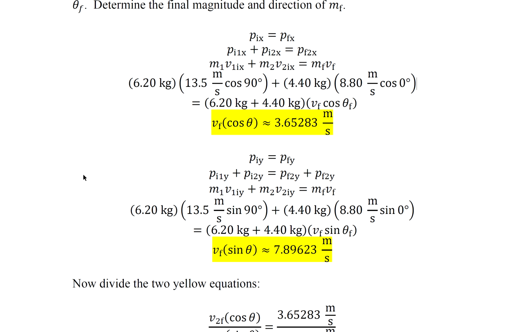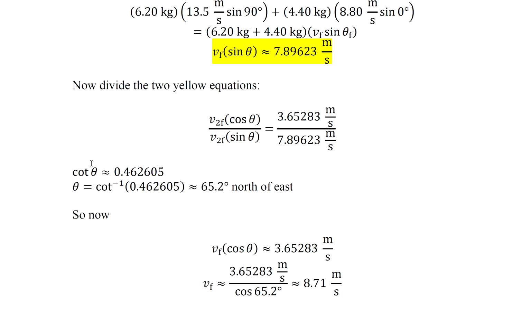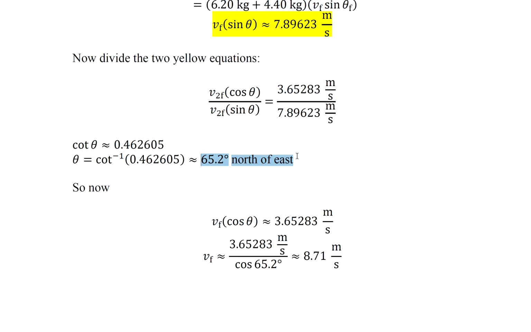And then here, I'm using the vertical direction. And then I have two equations, two unknowns. I'm going to divide the two. Then I could solve for theta. And after I solve for theta, I could substitute back into one of the original yellow equations to solve for V final.